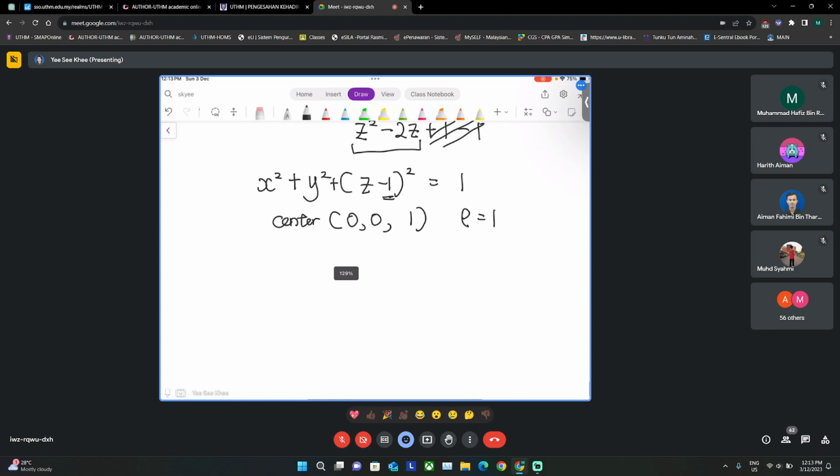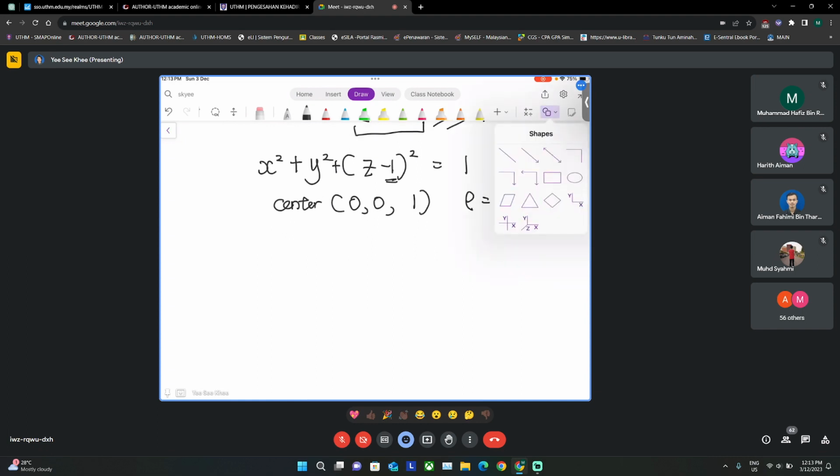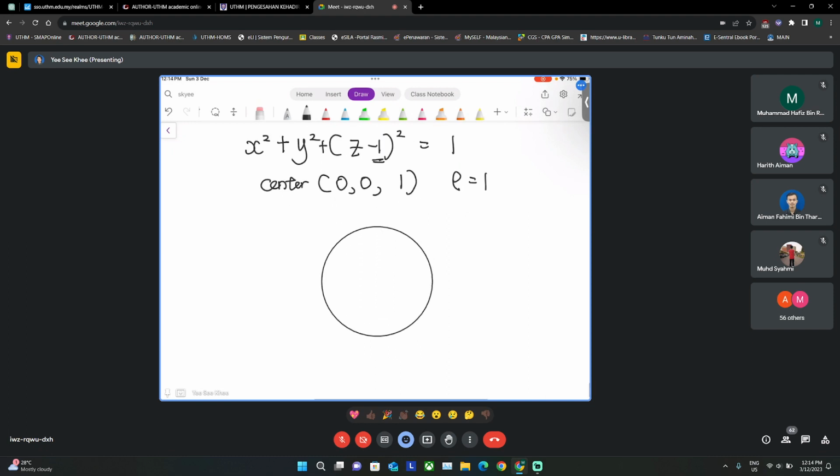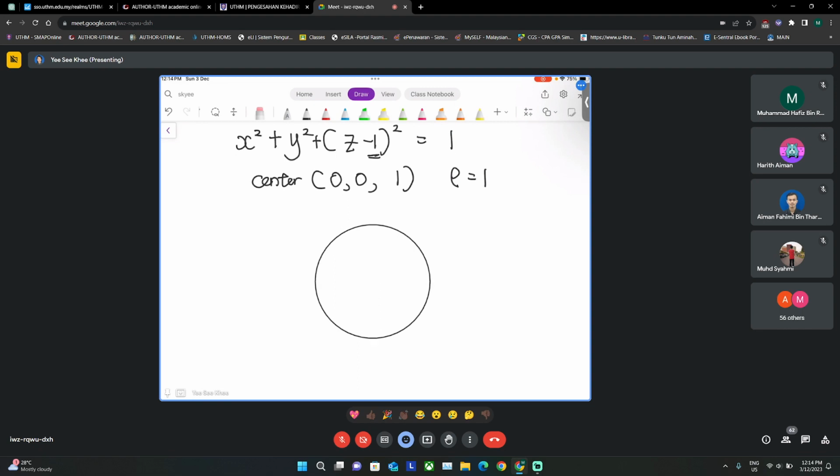So now you can draw your sphere. Because the center is at 0, 0, 1, it means you have to shift it up.